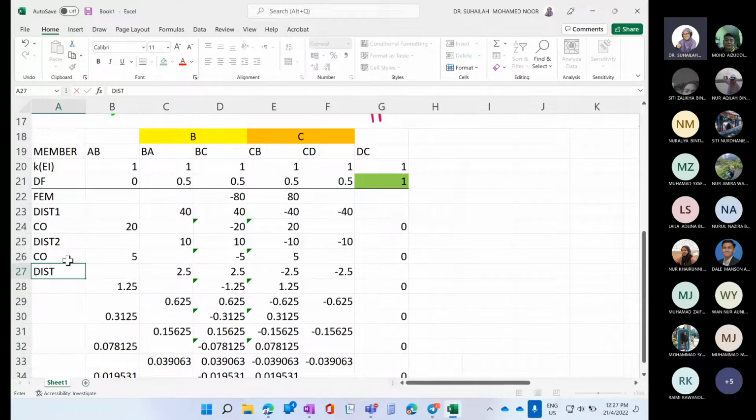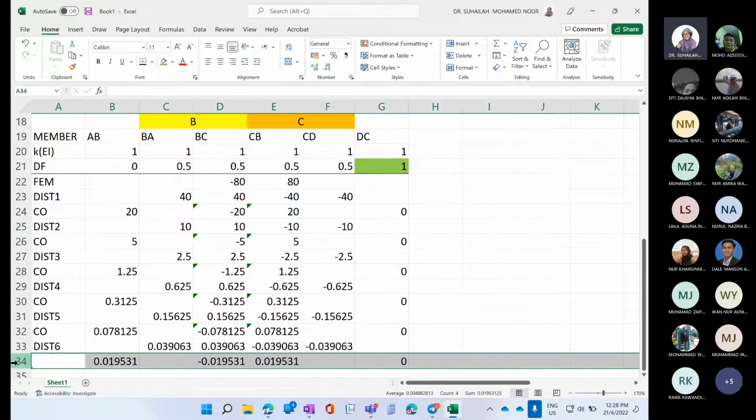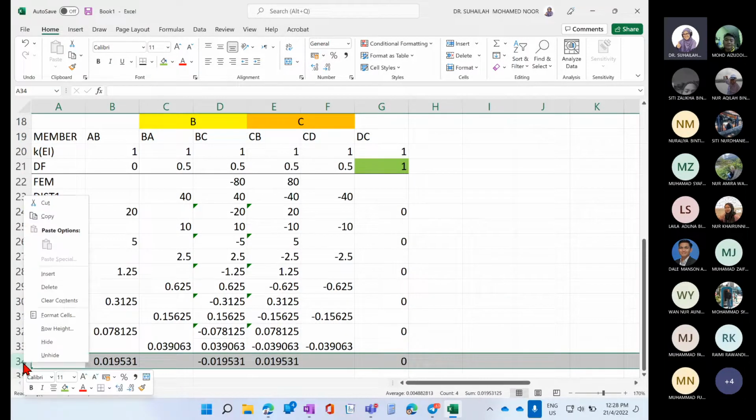Distribution number 3, carry over. Distribution number 4, carry over. Distribution number 5, carry over. Distribution number 6. The last is distribution. So this one I will delete.